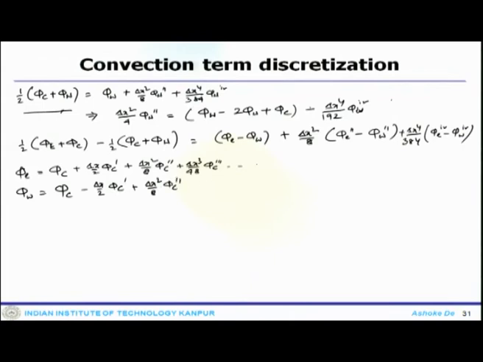In addition, similarly one can write phi e equals phi c plus delta x phi c prime, delta x square by 2 phi c double prime and so on, and phi w equals phi c minus delta x phi c prime, delta x square by 2 phi c double prime and so on.